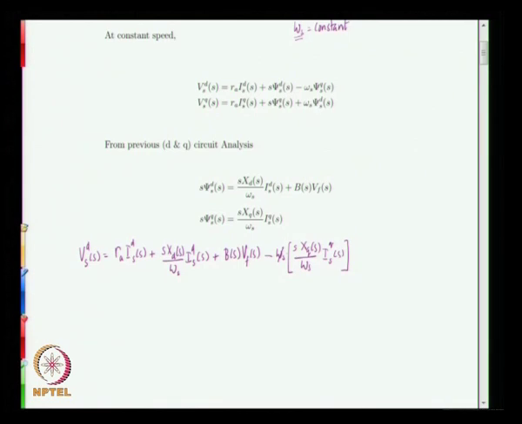Now this speed of course can be removed, and the first two terms being multiplied by Id of s, what we can do is combine them as Ra plus s times xd of s multiplied by omega s into Id of s as a function of s, and then minus s times xq of s multiplied by Iq of s as a function of s, and then plus B of s into Vf of s.